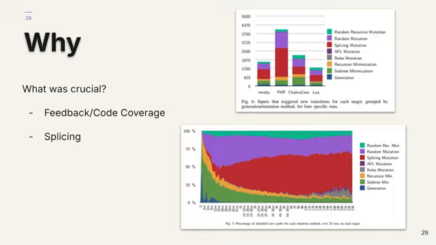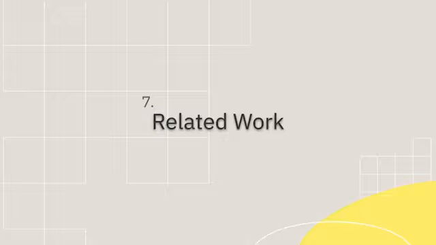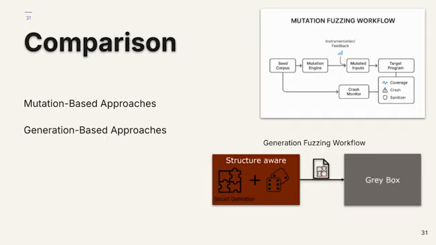However, after a couple of hours, splicing and random mutation together accounted for more than 50% of the newly identified paths.